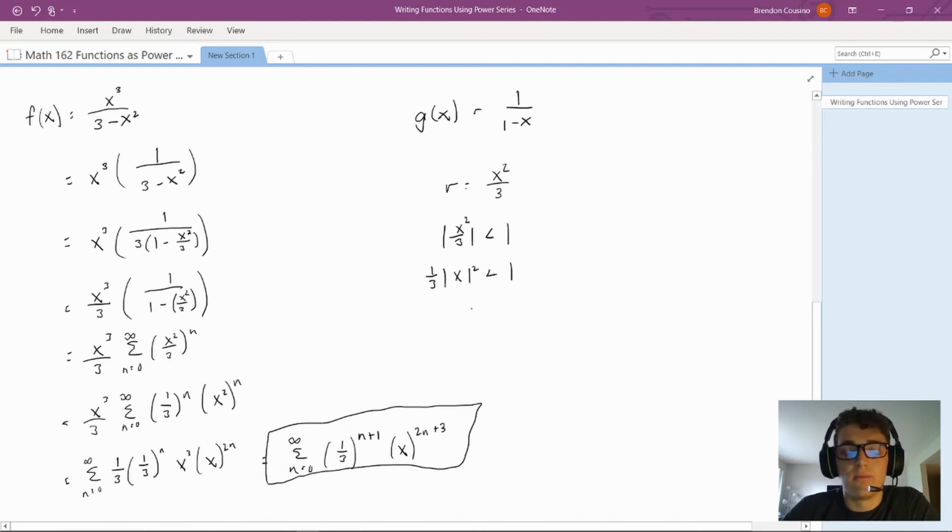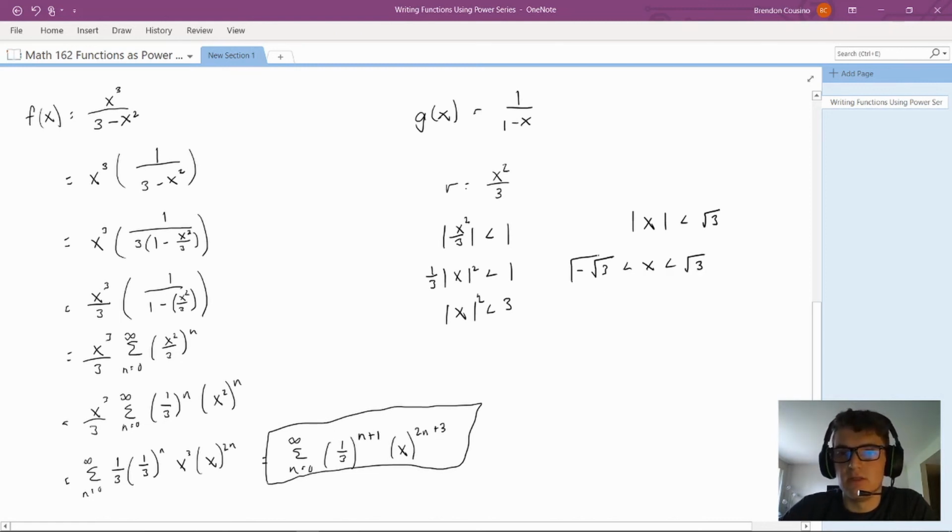The absolute value of x squared over 3 is less than 1. So then I'm going to multiply both sides by 3, so the absolute value of x squared is less than 3, and then we're going to take the square root of both sides. So we'll have the absolute value of x is less than square root of 3, and then breaking up the absolute value in our inequality, it's going to be negative square root 3 is less than x is less than square root 3.